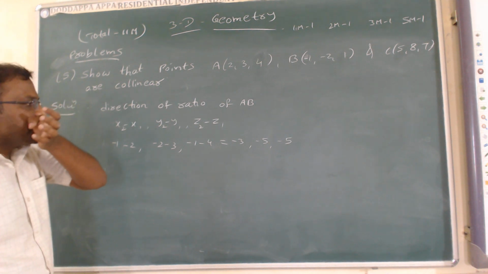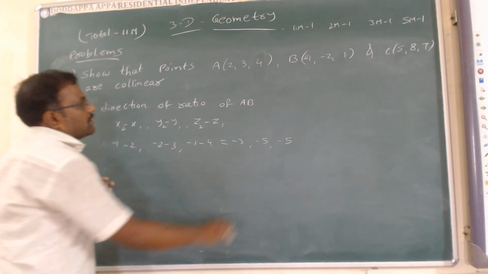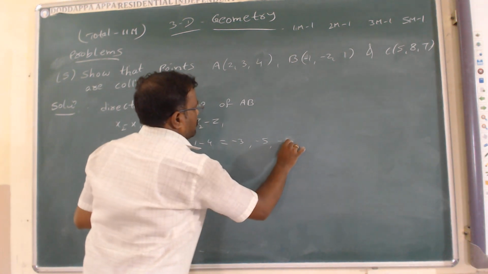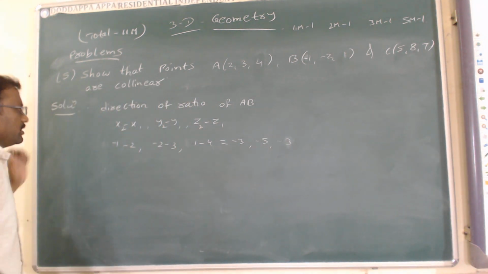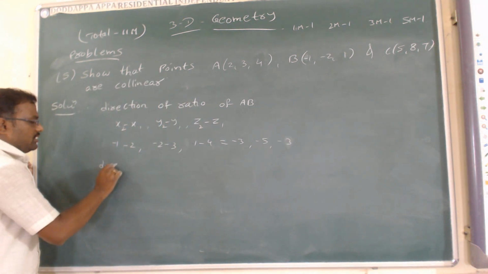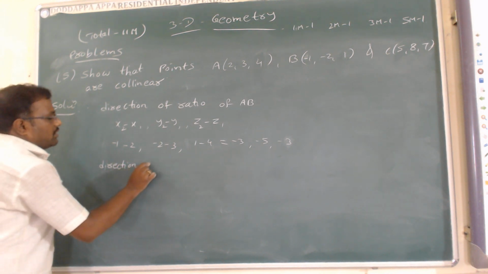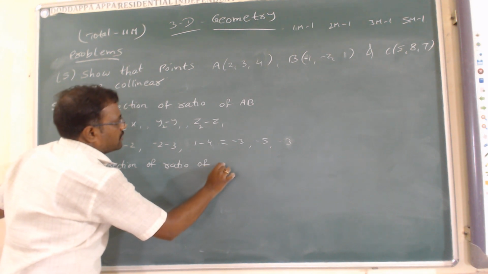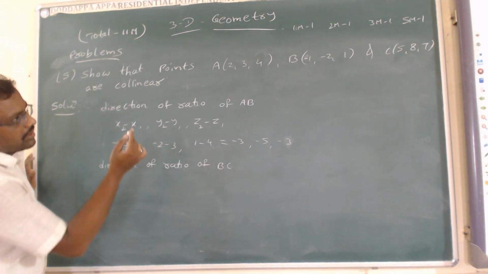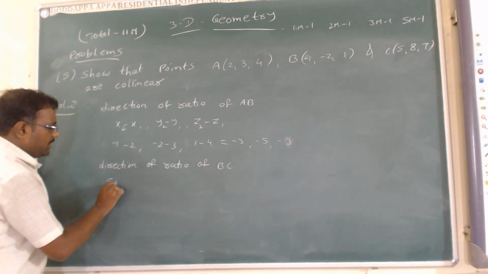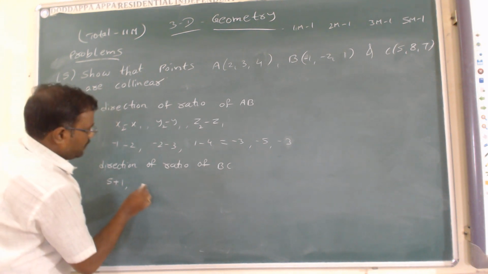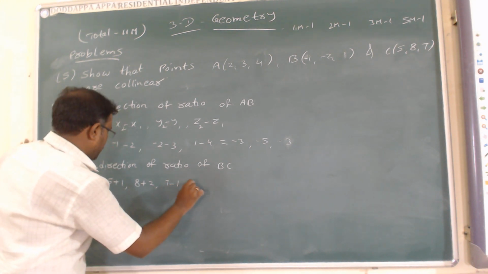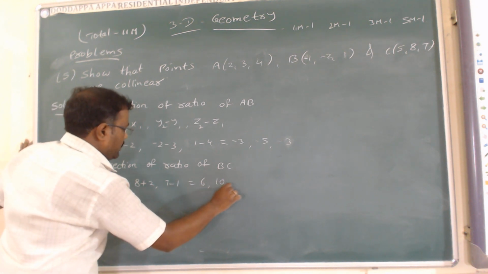Sorry, 1 minus 4 is there, 1 minus 4 means minus 3. So next, direction ratio of BC: 5 minus of minus plus 1, 8 minus of minus plus 2, 7 minus 1. We get 6, 10, 6.